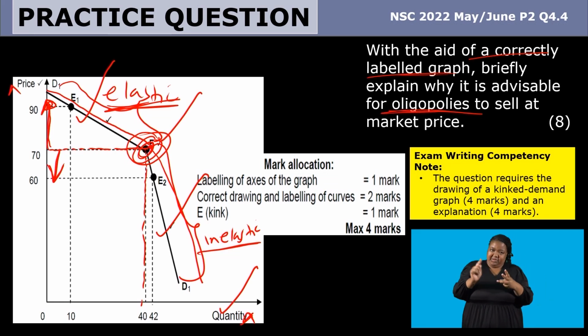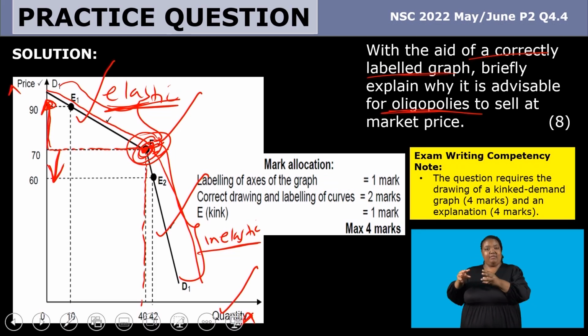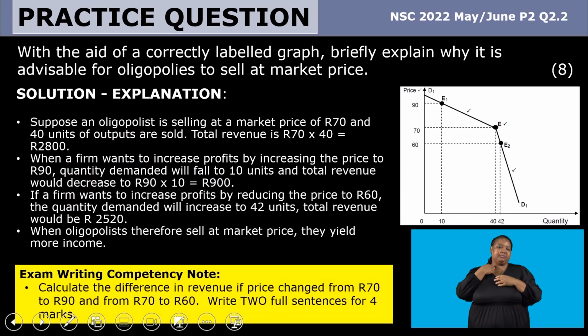Even if you don't write the word kink, you can indicate it either by means of a dot or by means of a letter, like in this case, they put the letter E. You are showing us that there is something happening here that forms a turning point for this graph. You can still get your mark. That gives you 4 marks. Then the other 4 marks will be for the explanation.